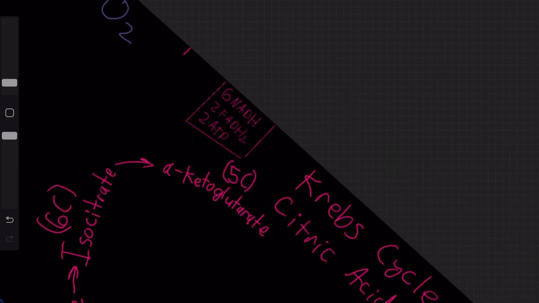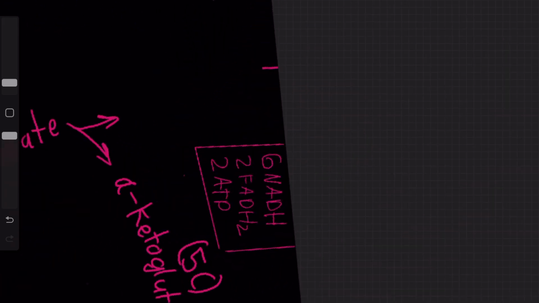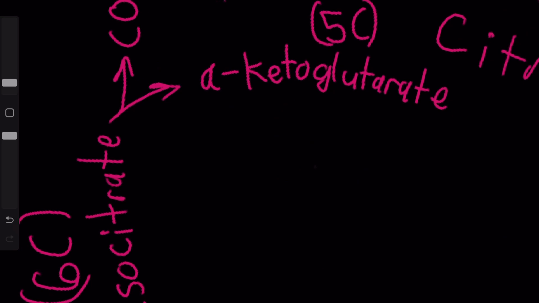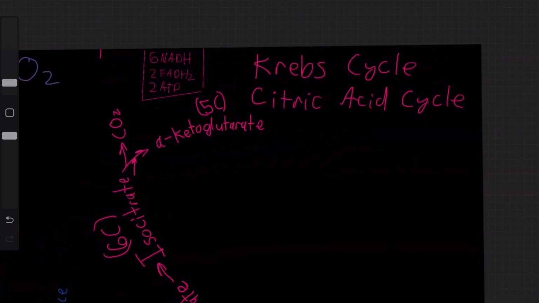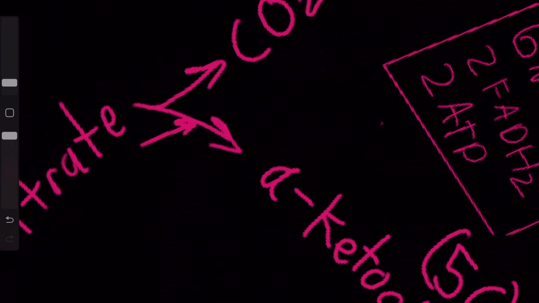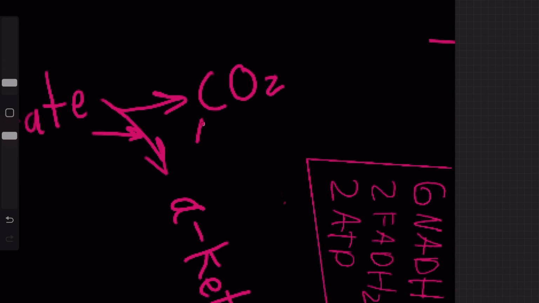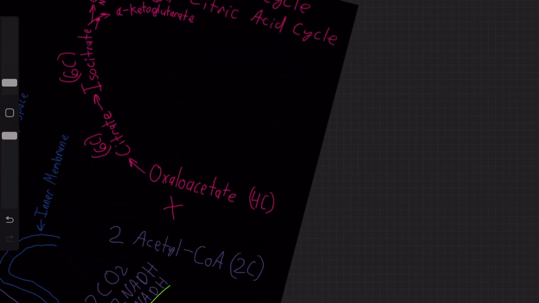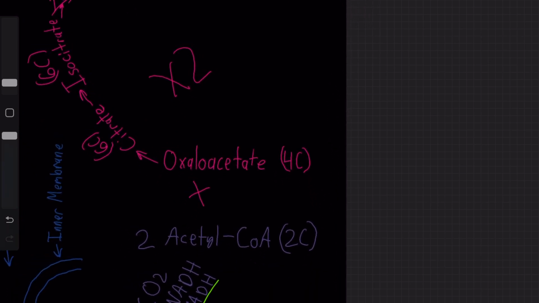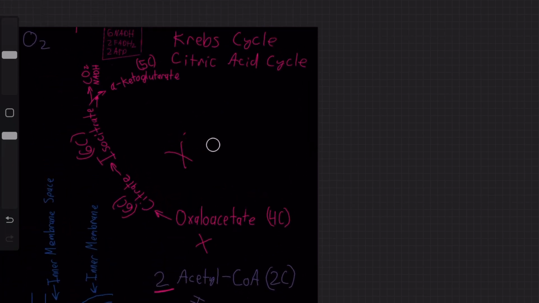And since we lost a carbon, again, when we lose carbons, we lose it as CO2. Remember, our word bank says we gained 6 NADHs. For this one, we also gain NADH. And remember that this is only one cycle with one acetyl-CoA. This cycle actually happens 2 times because we have 2 acetyl-CoAs.